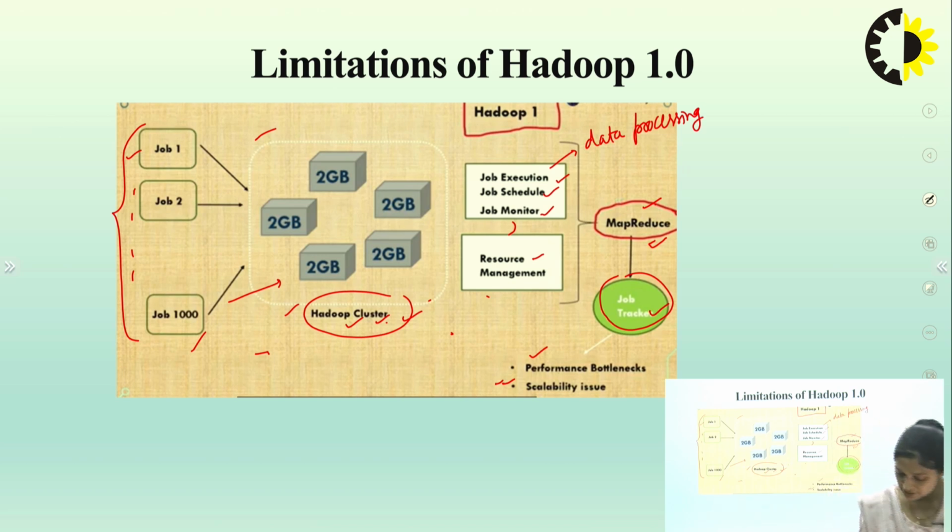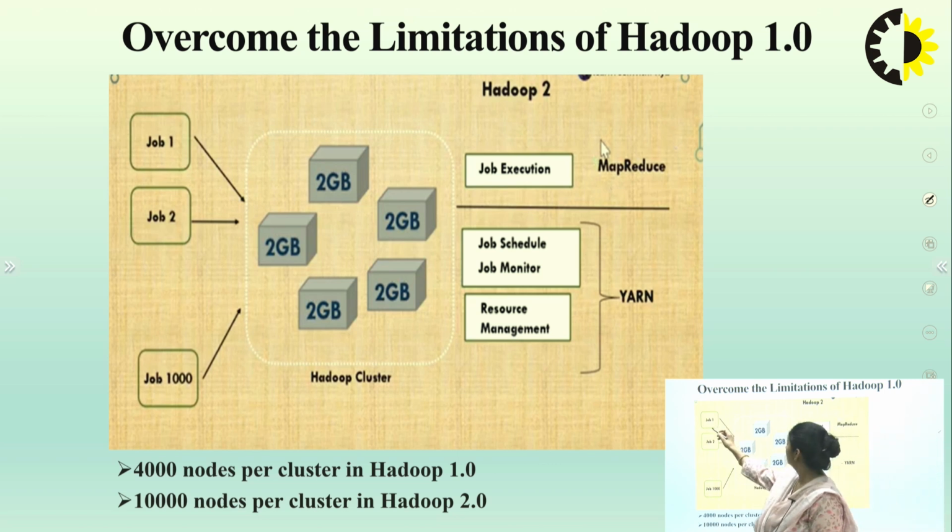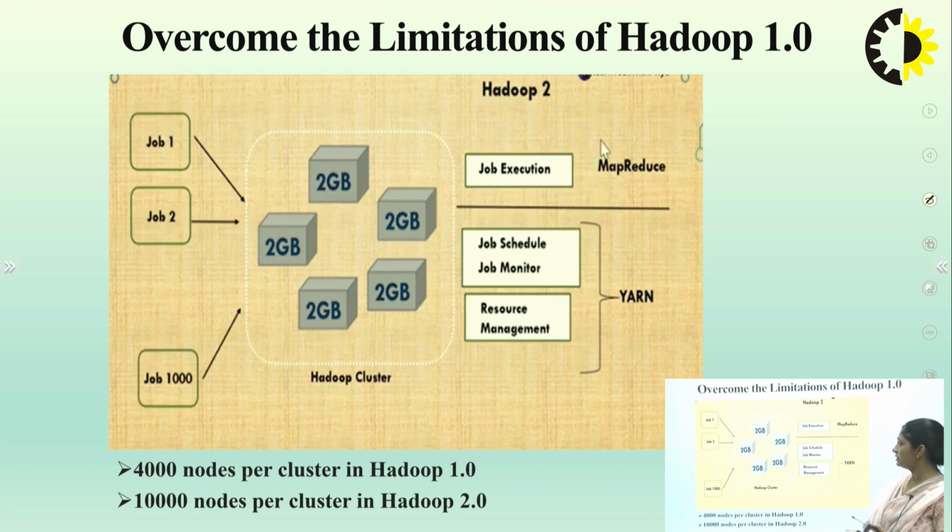Now we will see how these problems are overcome in Hadoop 2.0. You can see here Job 1 up to 1000, and the work is split into two parts.